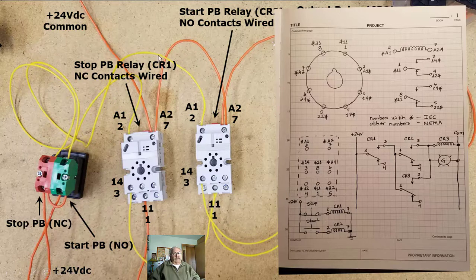I have a box that I have scrap wire in that I use over and over again. But if we follow this around, we'll see that it goes to terminal 2 of CR1, and this will go to terminal 2 of CR2. But anyway, you can see how I have this circuit wired.